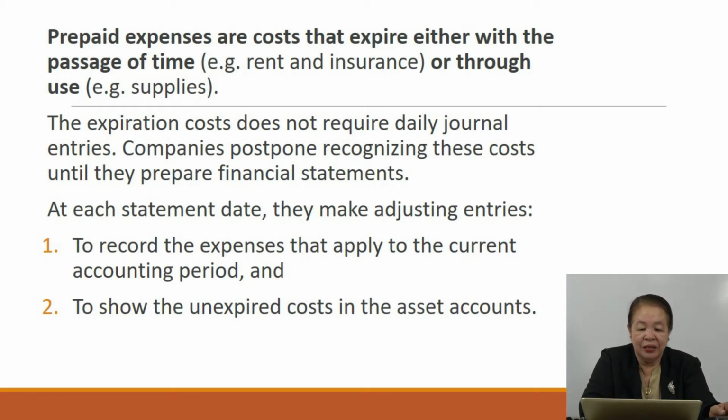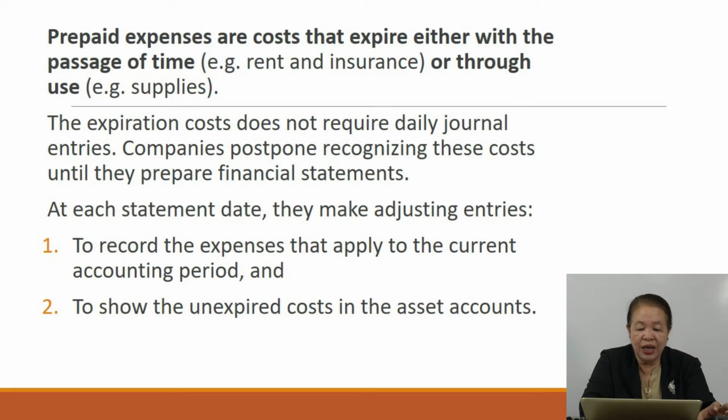No? Okay. So, ano yung mga adjusting entries na gagawin natin? Number 1, to record the expenses that apply to the current accounting period. Halimbawa na insurance, 1 year yung binayaran natin na insurance. Halimbawa, 3 months pa lang yung gamit natin o kaya yung 1 month. So, we have to compute for the 1 month para i-claim natin na expense.